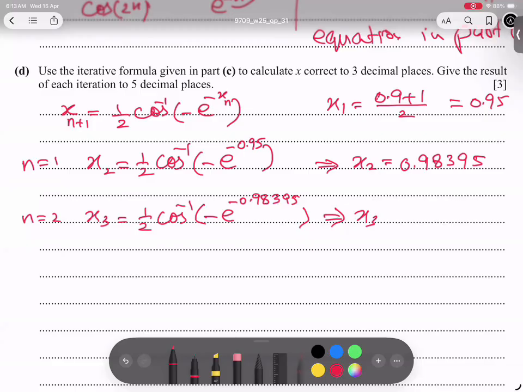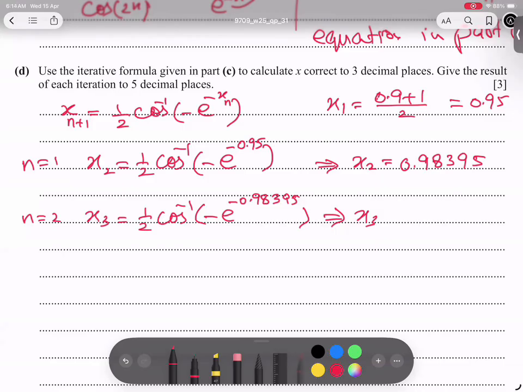So answer is half into cos inverse negative, power is 0.98395.